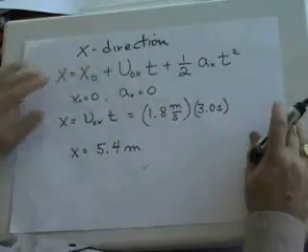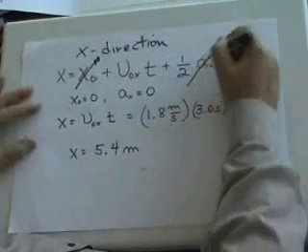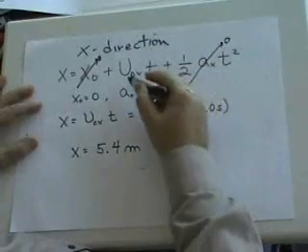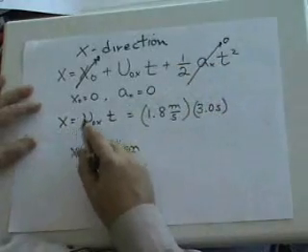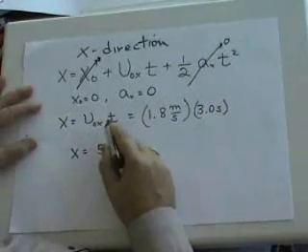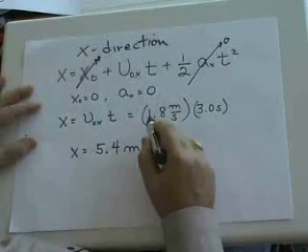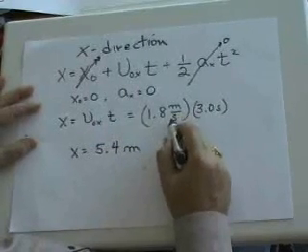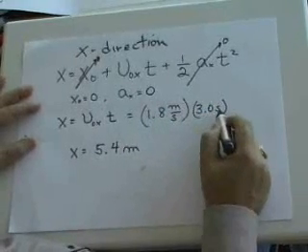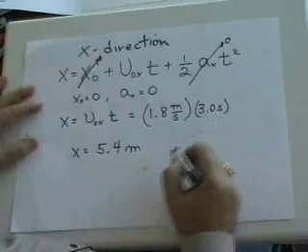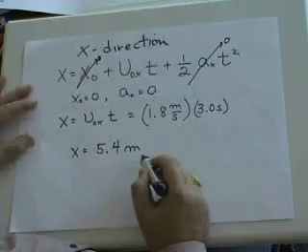So substituting these in, x naught goes to 0 and a_x goes to 0, leaving only v naught x times time. So x equals v naught x t, and we have that information from our sketch: 1.8 meters per second is how fast he dove off the cliff, 3 seconds before he hit the water. Multiplying them together, you get x equals 5.4 meters.